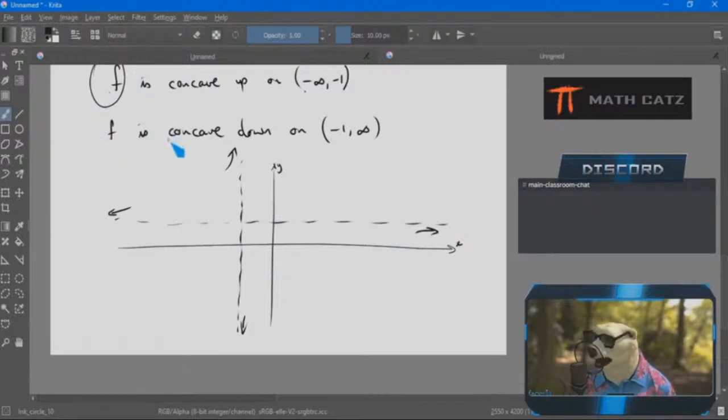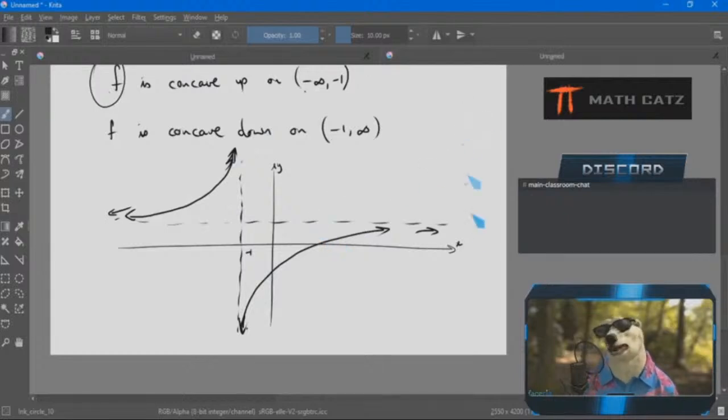The information I got now totally fits with this, because I'm going to have to bend up to the left of, of course, I have to update these arrows. I didn't know how they fit. I have to bend up on the left side of negative 1, and I have to bend down on the right side of negative 1. So everything agrees with the information I would have gotten up to that point.